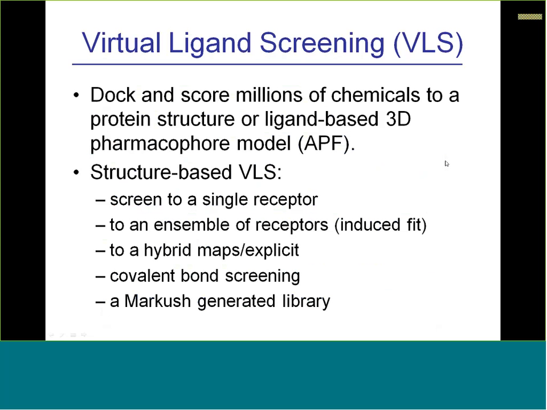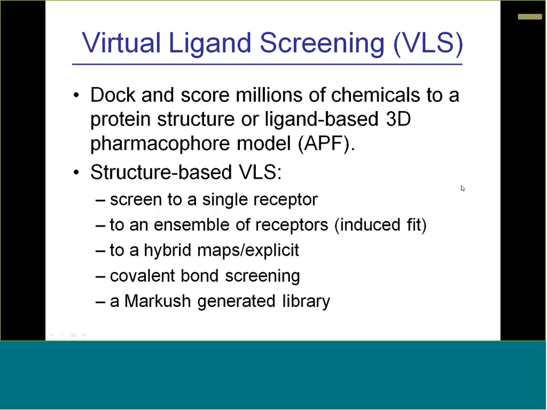Virtual ligand screening is basically where you can dock and score millions of compounds to a protein structure, or in a ligand-based way, which would involve using a 3D pharmacophore model, for which we use atomic property fields.